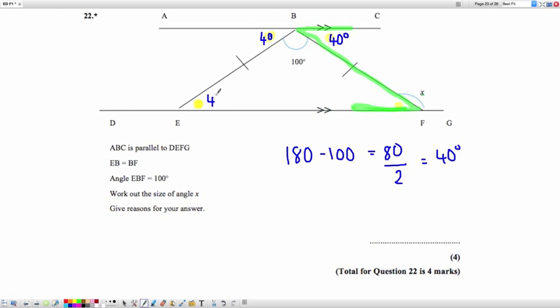We'll also have 40 here, and we'll also have 40 here. Angles on a straight line add up to 180, therefore our missing angle here of x is 140 degrees. It's really important that you write down the reasons that I have described for each one of the points.